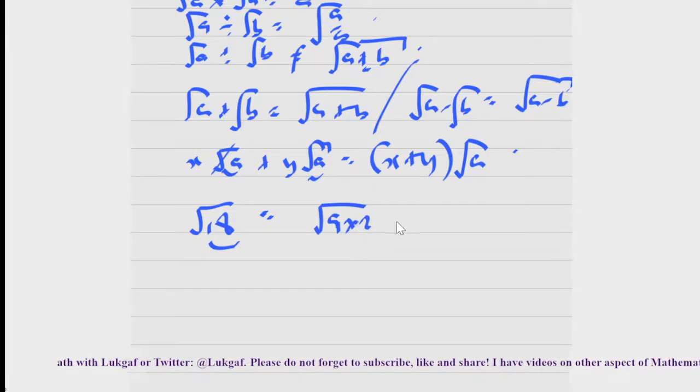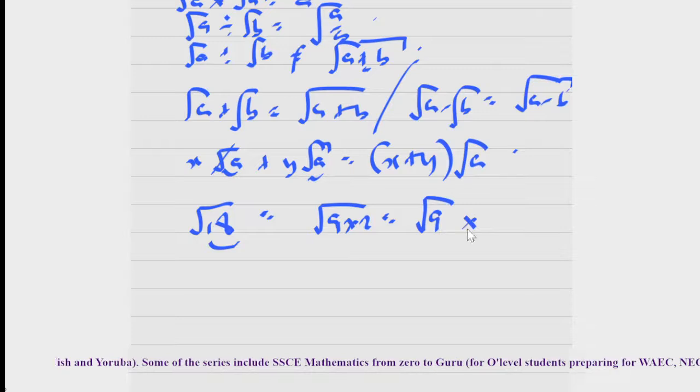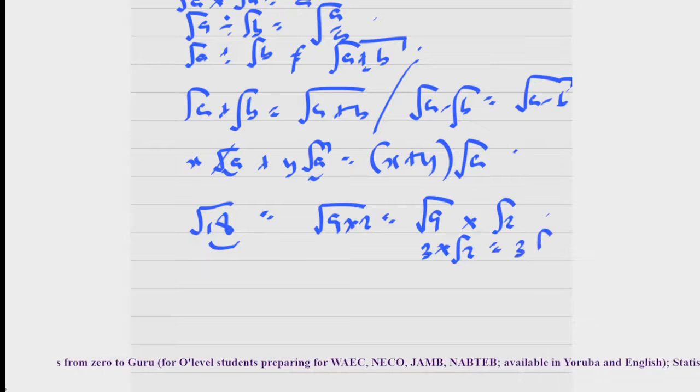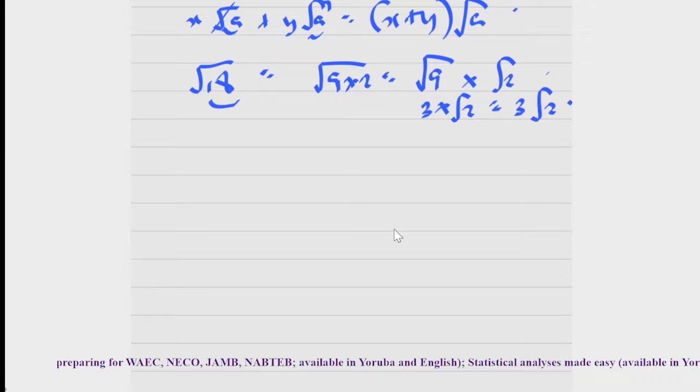Then you can split it and simplify it to have the simplest form. From the first law, when you have root of 9 times 2, you can split them, that's the same thing as root 9 multiplied by root 2. And what is root 9? 3, multiplied by root 2. That is 3 root 2. That's what you are expected to be doing here.